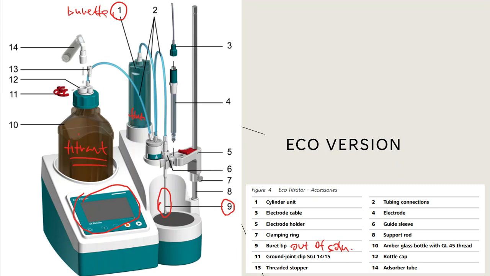Number 10, they call this an amber glass bottle. We do use amber. Sometimes the titrants break down with UV light, and that can just come from light in the room, and sometimes it doesn't, but we often keep what's standard, an amber jug that comes with the system, and we don't really change those out. But it's okay if you don't see amber here.